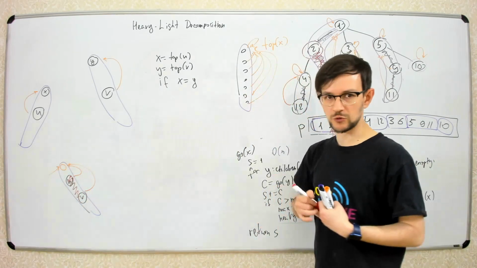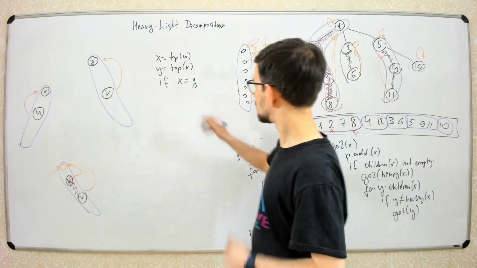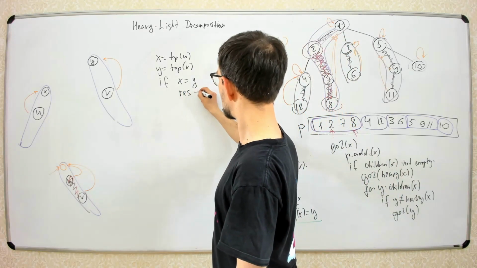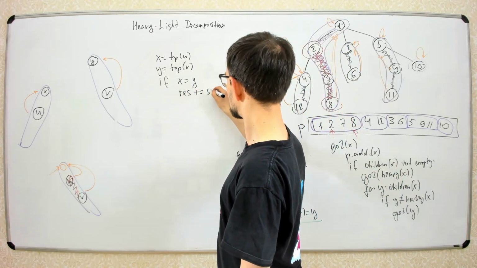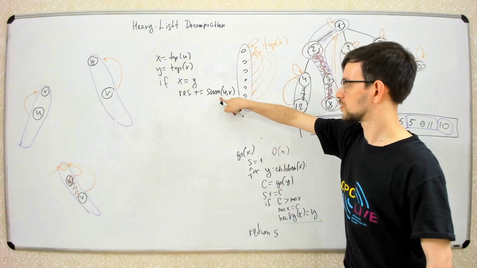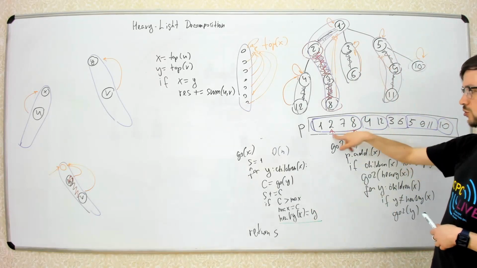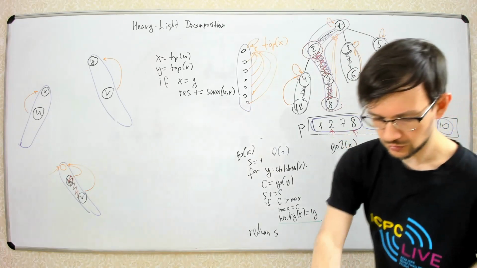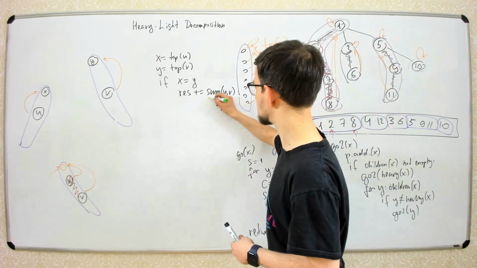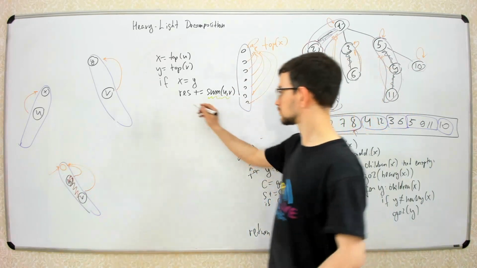You take the segment from U to V, calculate the sum, and that's the result. So we add to the result the sum from U to V. This is a call to the segment tree. You take this segment tree, find U and V, and calculate this sum. So this is the call to the segment tree. And that's all.